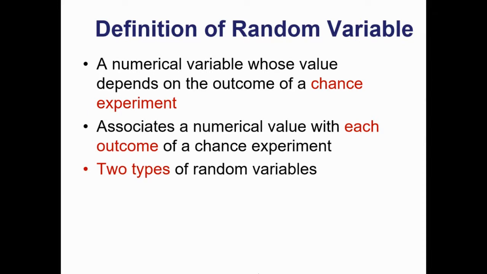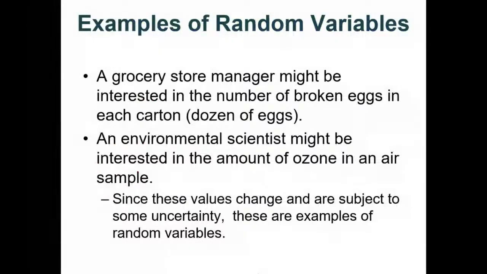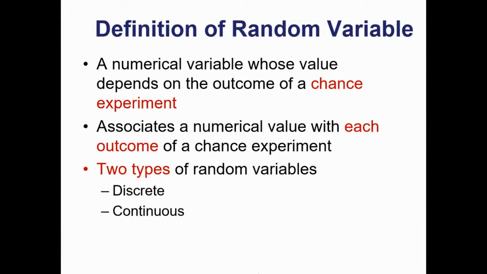There are 2 types of random variables. We talked about this in chapter 1: discrete and continuous. Does anyone remember what a discrete numerical variable does? That was where it's like a 1, 2, 3 type deal, right?